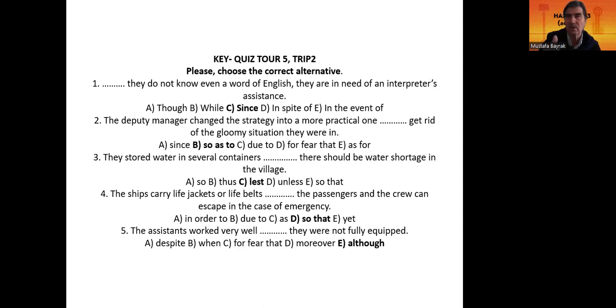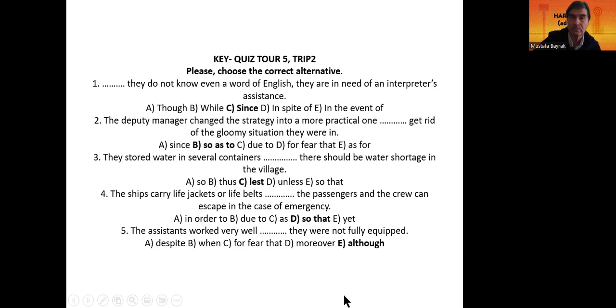Although there are, for example, 41 expressions to express opposing situations, each of them has got a nuance, a specific meaning. 5, the assistants worked very well, although they were not fully equipped.